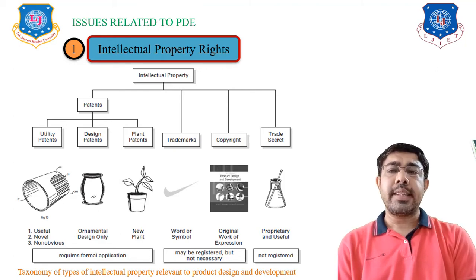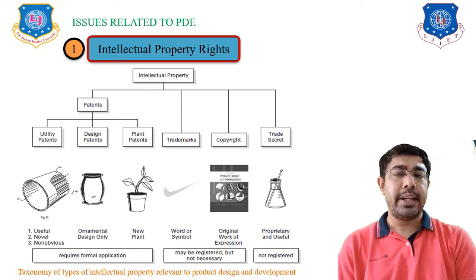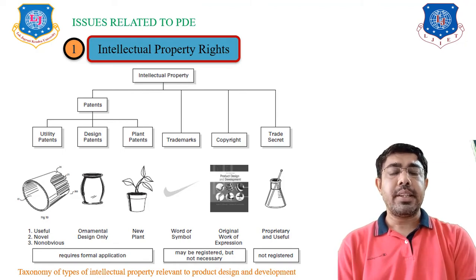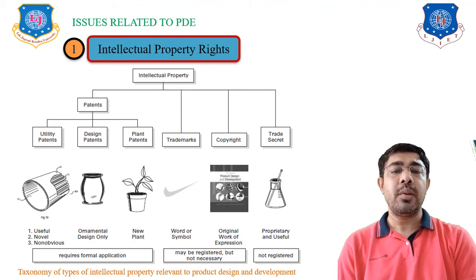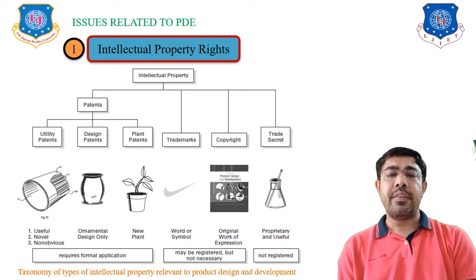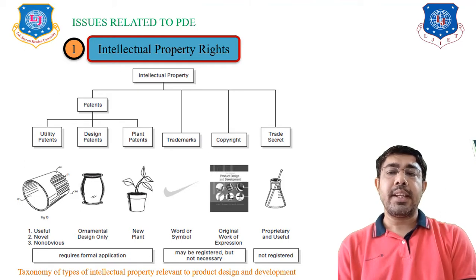The second type of intellectual property is the trademark. A trademark is nothing but words or a symbol, or a combination of words and symbols, which is used for the brand or company products. Here I show the trademark symbols.